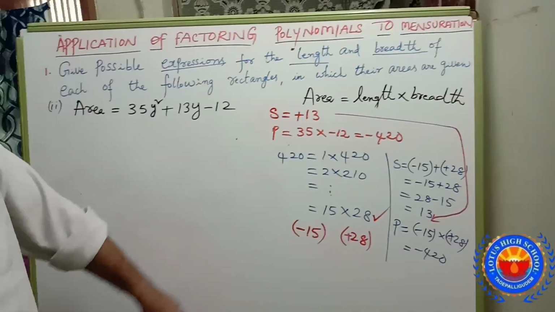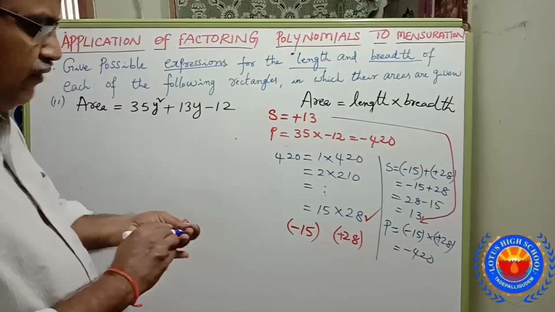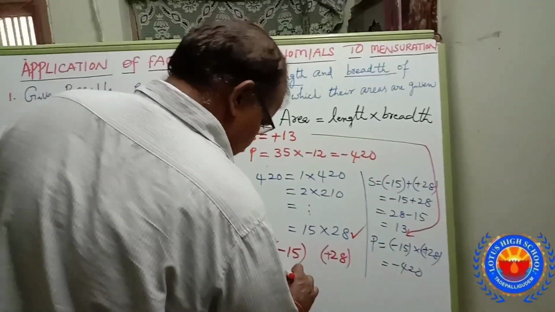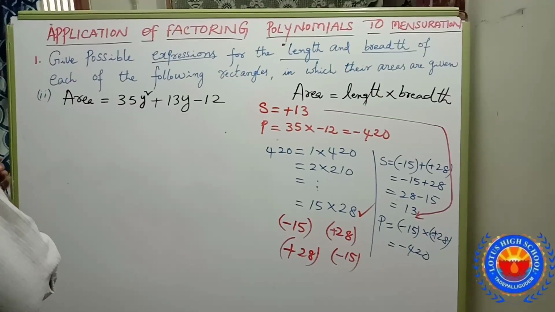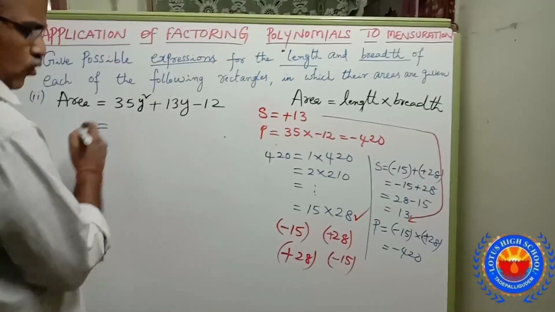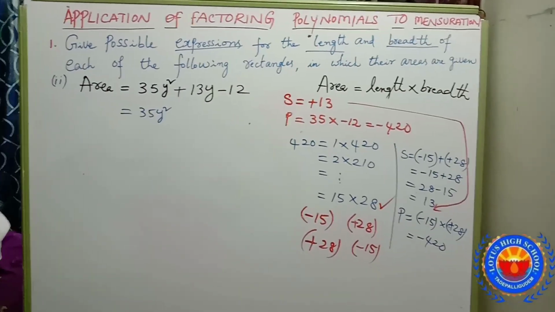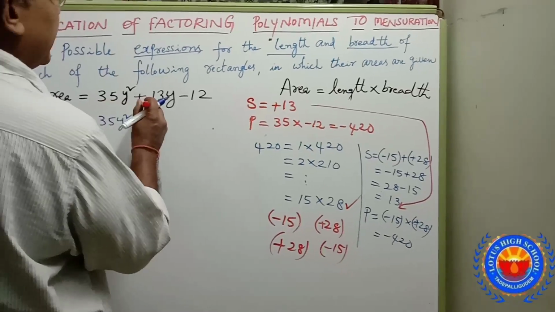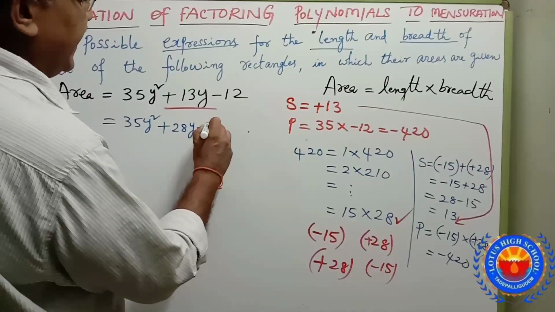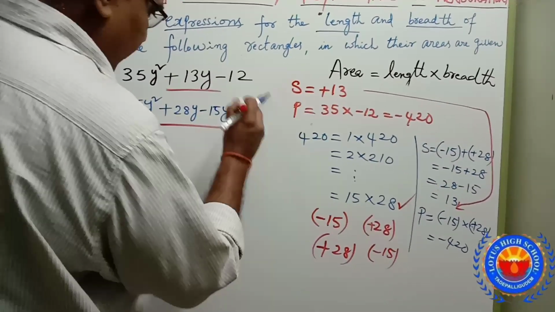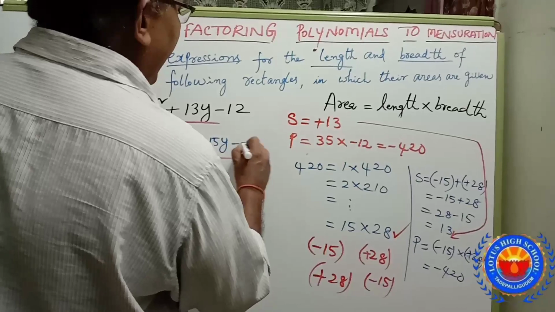That's why my numbers are minus 15 plus 28 or plus 28 minus 15, both are the same. So area is equal to 35y square, splitting the middle term, plus 13y, I can write plus 28y minus 15y, plus 13y minus 12.